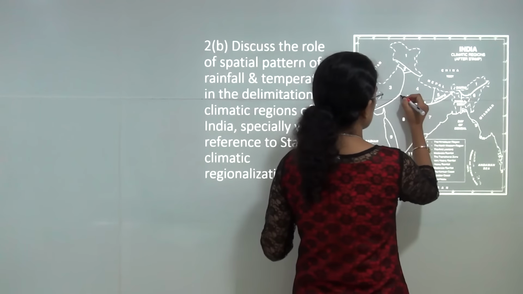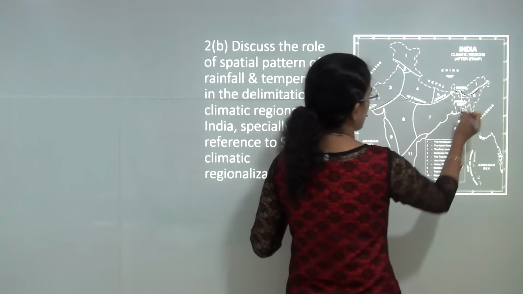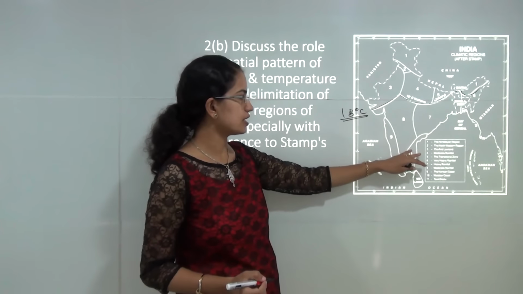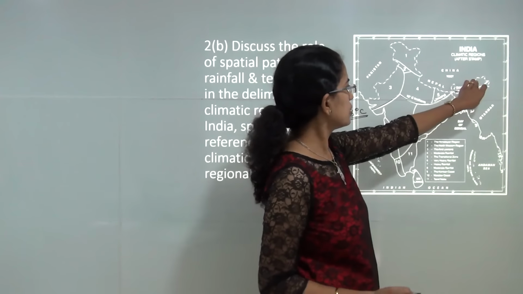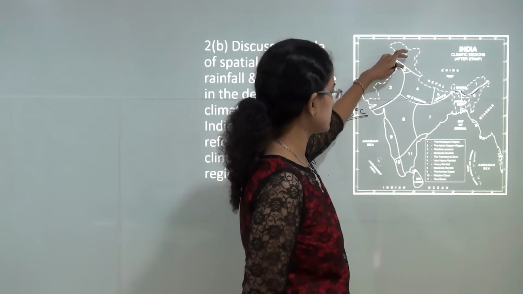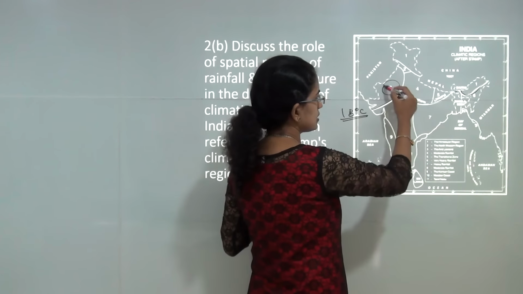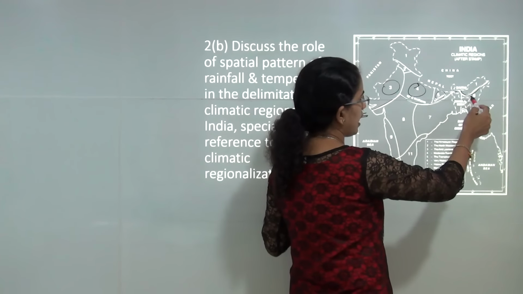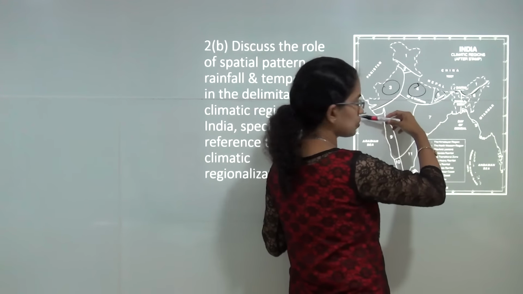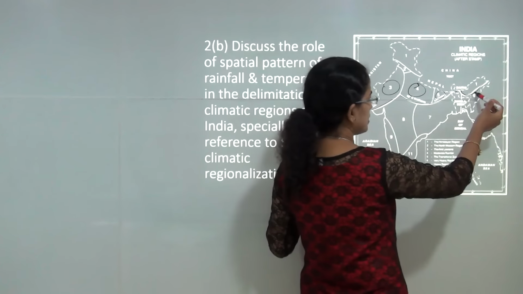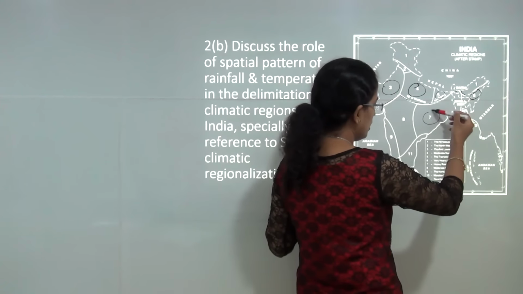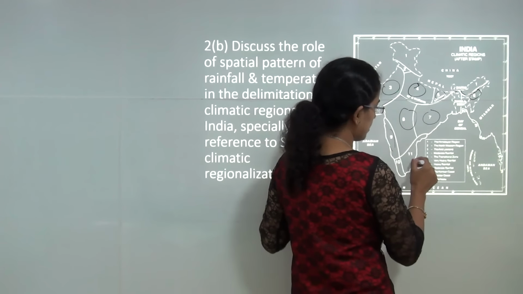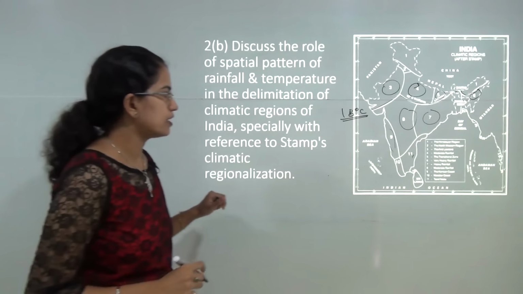So you have the 18-degree isotherm that runs more or less parallel to the Tropic of Cancer, separating the two sections across the country. So you have the Himalayan region towards the north, then the northwestern region, the arid areas, the region of moderate rainfall, the region of transition, and finally the zone below the 18-degree isotherm, where you have the region of very heavy rainfall, moderate rainfall, and then the Konkan coast, Malabar coast, and the Tamil Nadu region.